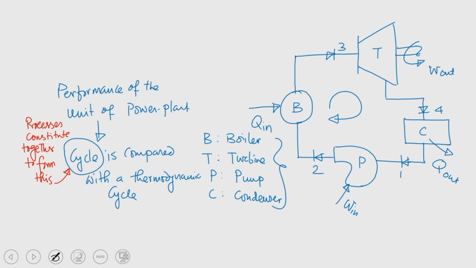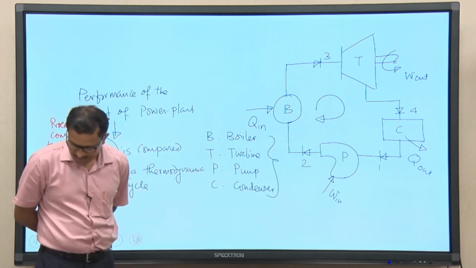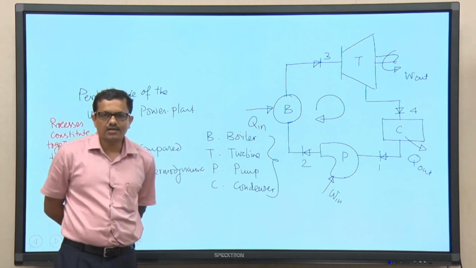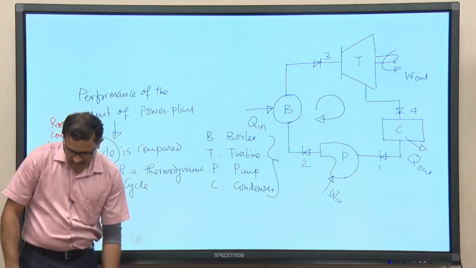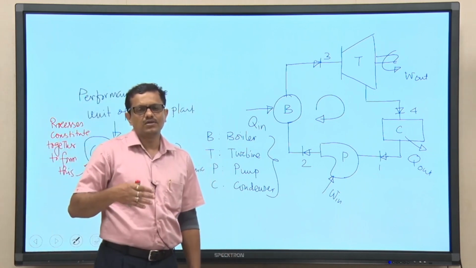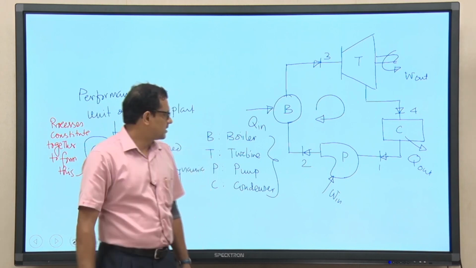Now, what is the need of studying the thermodynamic cycle, right? You have studied this in the basic thermodynamics course. The purpose of thermodynamic cycle is either to produce power or to produce refrigeration.